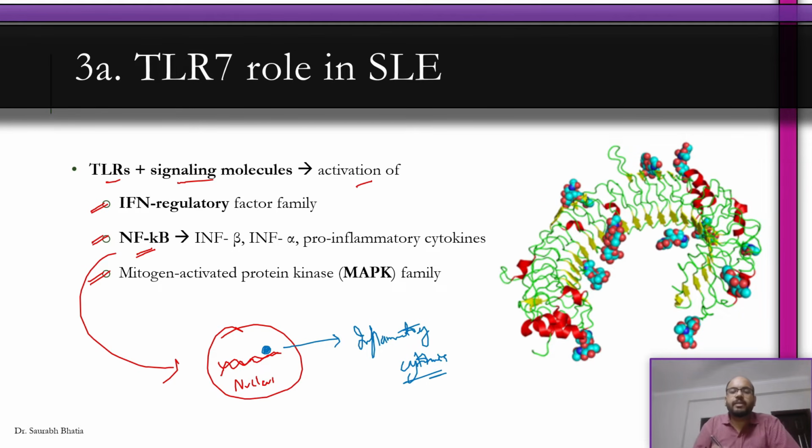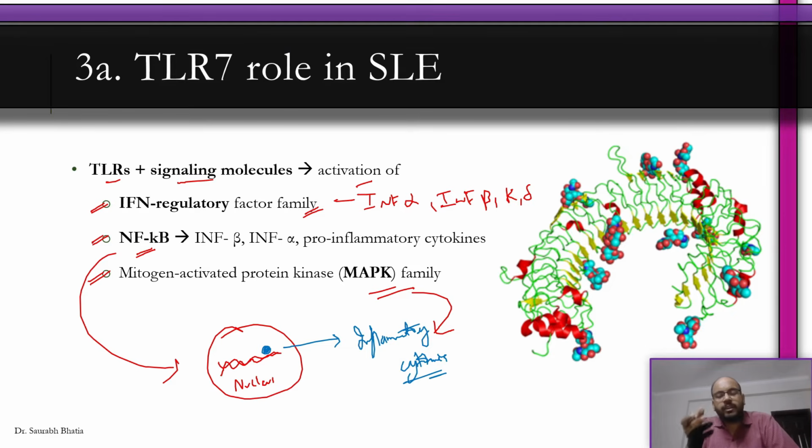Also, the interferon regulatory factor family is increased, so you have more secretion of interferon alpha and interferon beta and kappa, delta and all that. The MAP kinase pathway also increases the production of inflammatory cytokines. Now, what actually is happening? The plasmacytoid dendritic cells are responsible for secretion of interferon 1 and also secretion of all the cytokines required for the inflammatory pathway, and all of this comes together to increase the inflammation inside the body, leading to SLE.